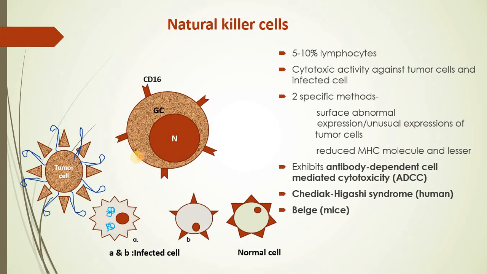Otherwise, if this activity responds to a lesser extent, that results in the development of tumor. It means that supposing the natural killer cell's activity is subdued, it shows less activity as compared to the growth of tumor cells. As a result, there is development of tumor. I hope it is clear to you.